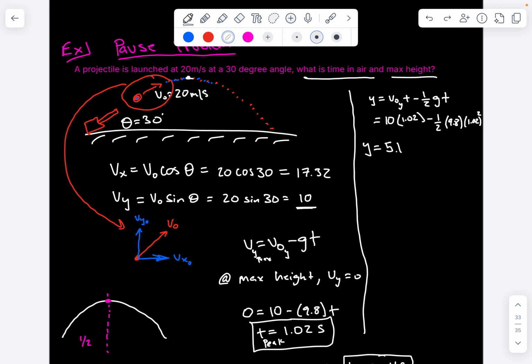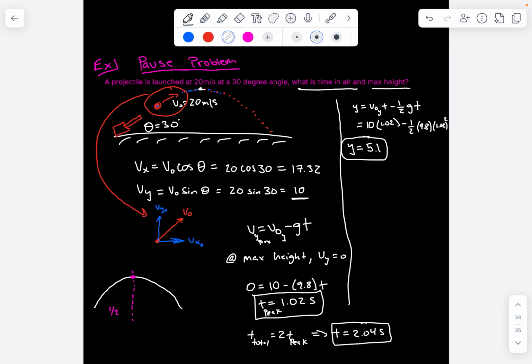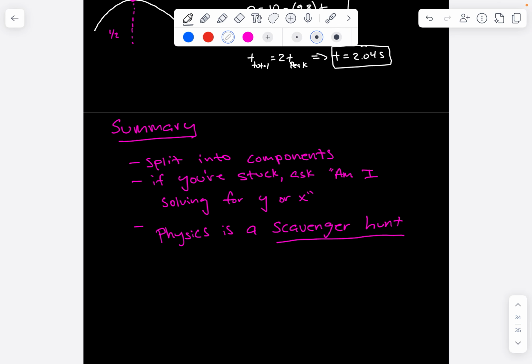And whenever you find a formula or a step that connects the dots, figure out, am I solving for vertical or am I solving for horizontal? If it's horizontal, your acceleration is 0. If it's vertical, it's negative g. And then continue solving through the formulas. But there you go. That is how you solve that problem. So again, summary, split into your components. If you're ever stuck, ask, am I solving for my y or my x? And remember, physics is just a scavenger hunt.